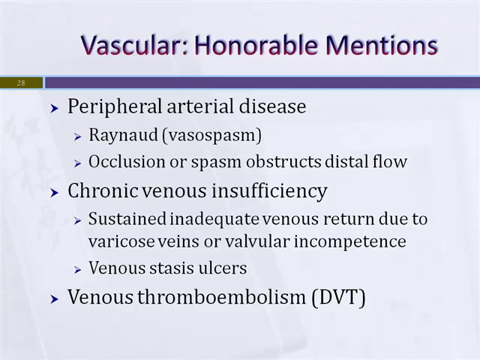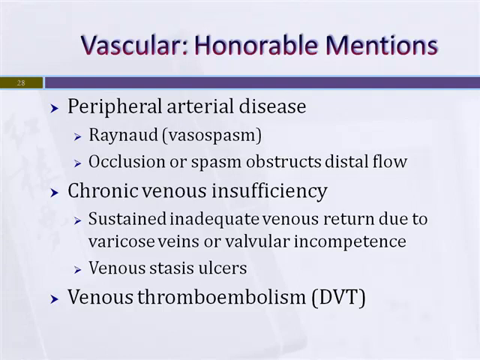At what point do you put in the filters, like the Greenfield filters? So a filter in the inferior vena cava. If people have a lot of deep vein thrombosis and are throwing lots of clots into the circulation, then we might put a filter in there.